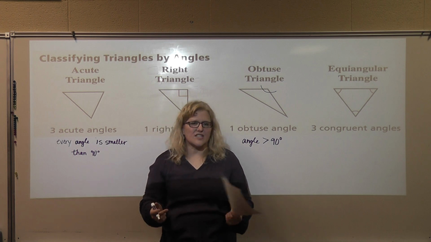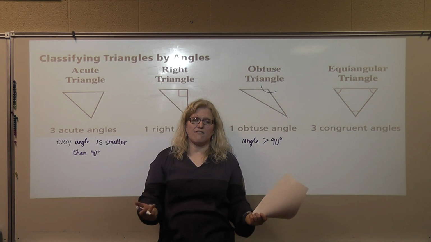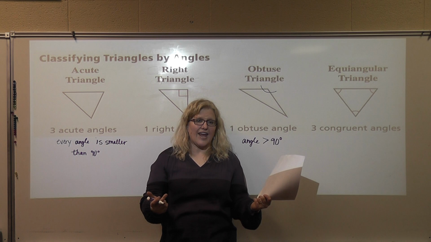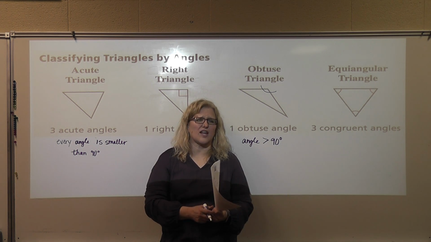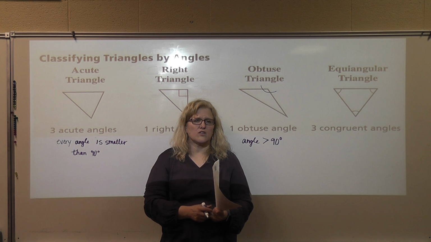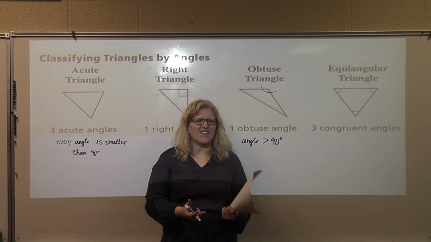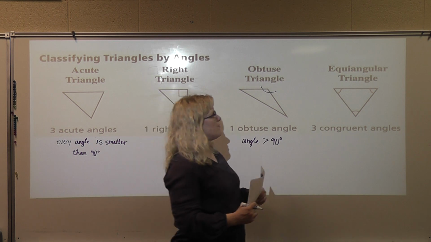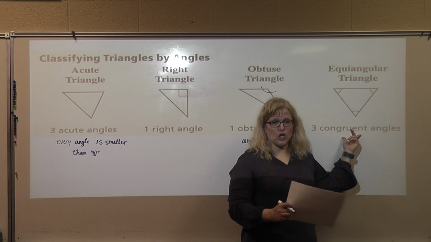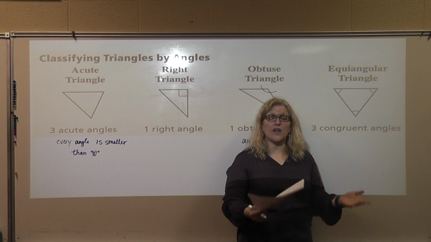Now let me ask you this, is it possible to have a triangle that has two obtuse angles? So two angles bigger than 90 degrees. Just think about that for a second. Is that even possible? And lastly, we have an equiangular triangle. It's like an equilateral triangle.